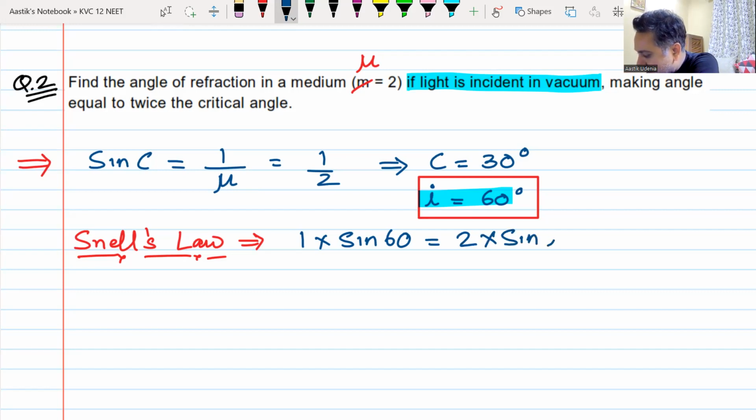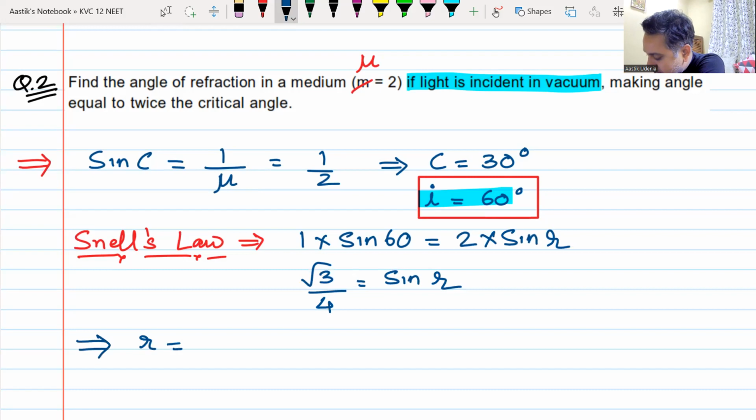Now the rest is very simple. Sine of 60 is root 3 by 2, and the 2 also comes from the other side. So root 3 by 4 becomes my sine of r. That implies my r, the angle of refraction, becomes sine inverse root 3 by 4.